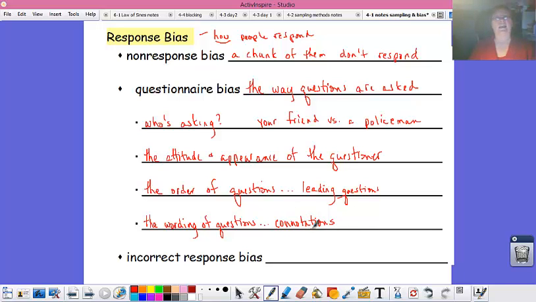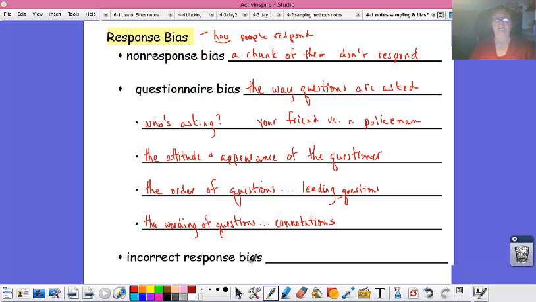There are connotations with the word pro. Just as if we said pro-abortion, it doesn't sound as friendly as pro-choice, okay? It may mean the same thing to many, but it doesn't sound as friendly. So the wording of questions can also introduce bias in a questionnaire.